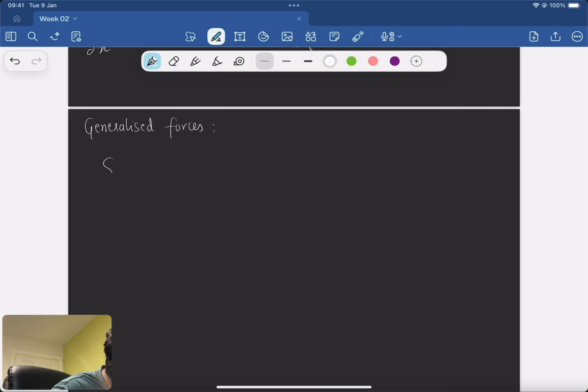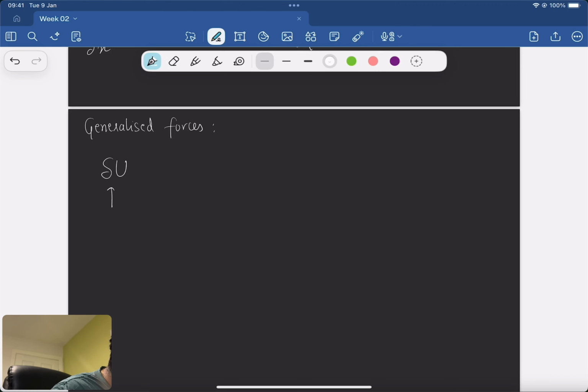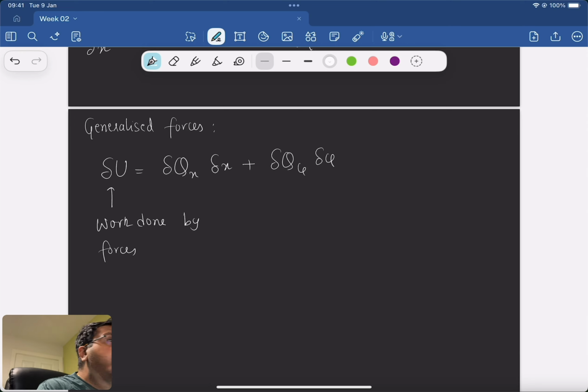So let's say some change in potential energy, or to be more accurate, some work done by the forces, is equal to some Qx moving the object by delta x in the x direction, plus Q phi into delta phi, right?